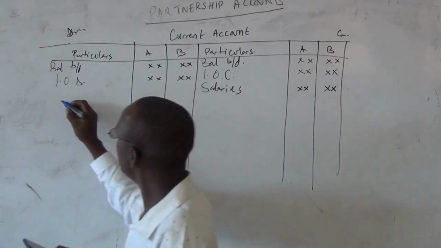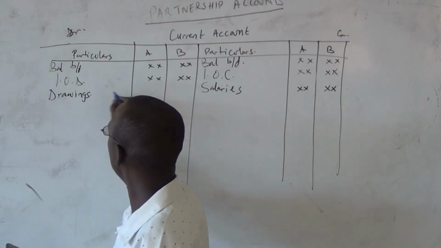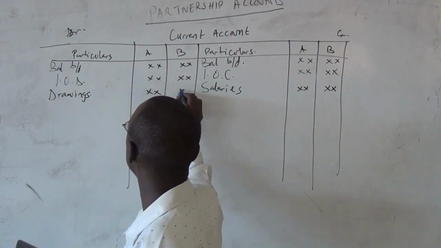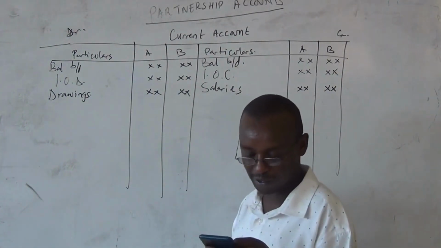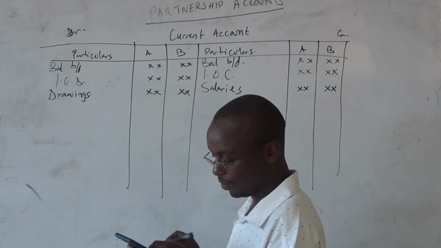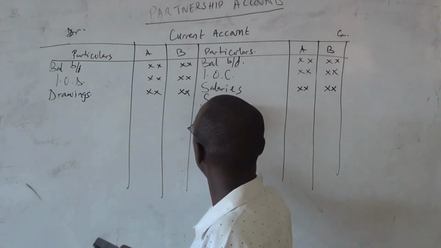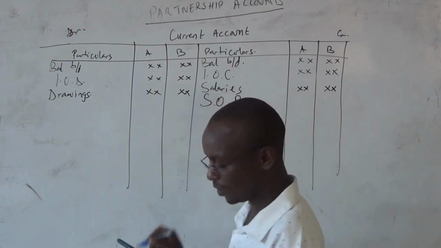Okay? And also the drawings themselves, the partners have taken money, company or goods. Then from there, before the balance carried down, there is the share of profit.